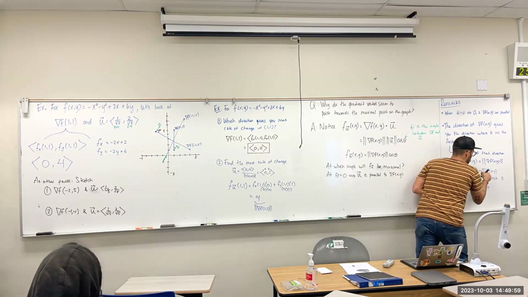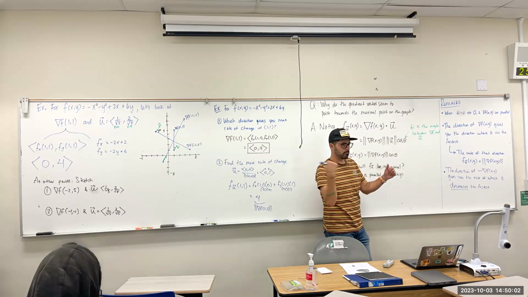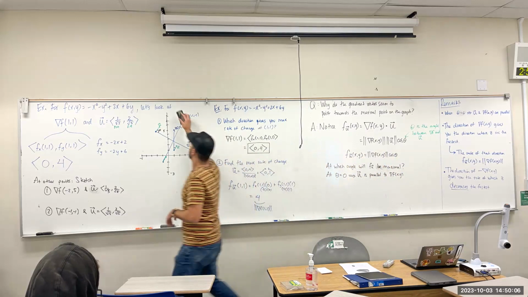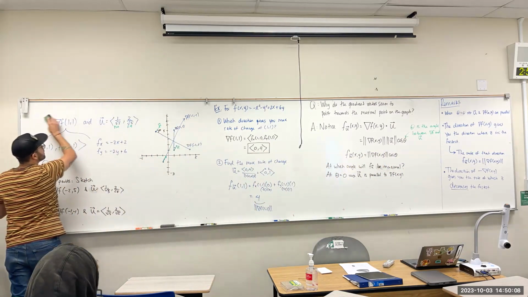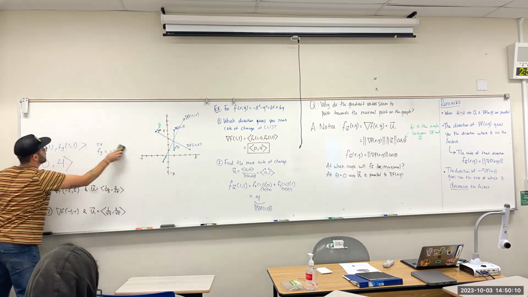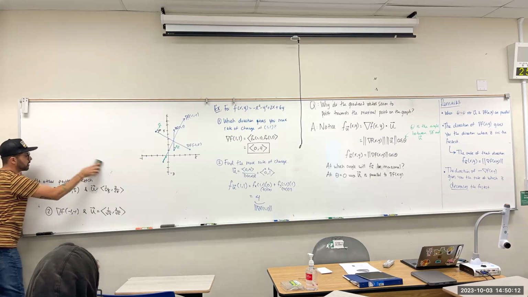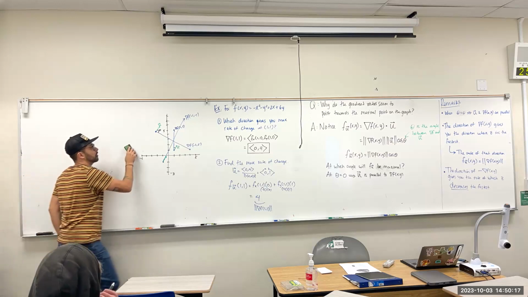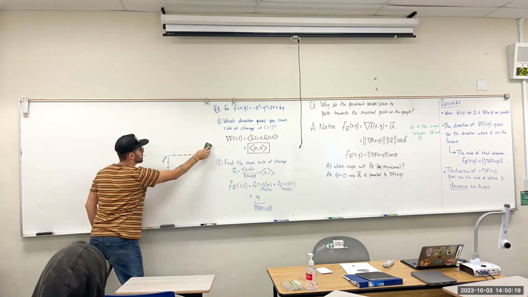That you need it to be negative. The opposite direction vector. That's the last remark. So if you go towards the gradient, you increase the fastest, but if you go completely opposite of the gradient, that's where you're going to decrease the fastest.